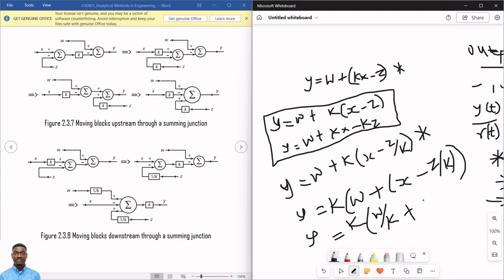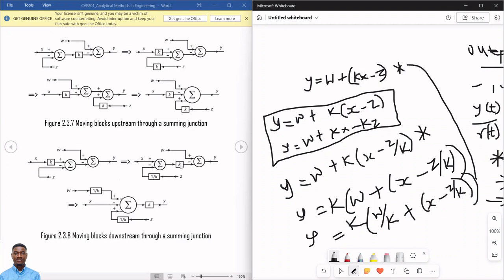So that I'll be having here w over k plus x minus z over k. That's the only way that when I multiply now, that will be kw divided by k, that will be w plus kx minus z. So that's what will give me this original equation back.